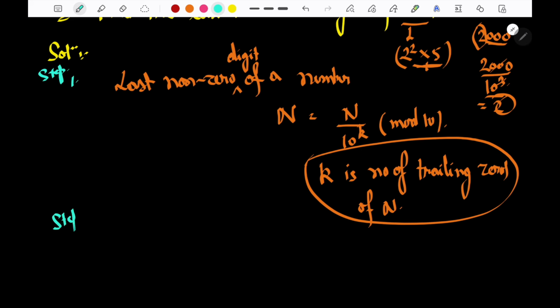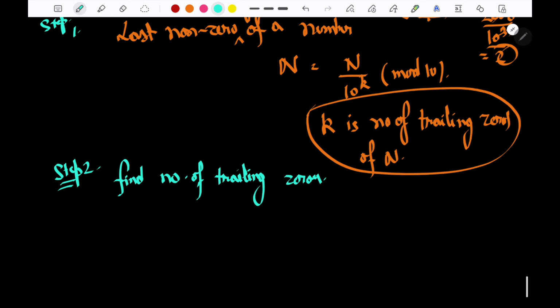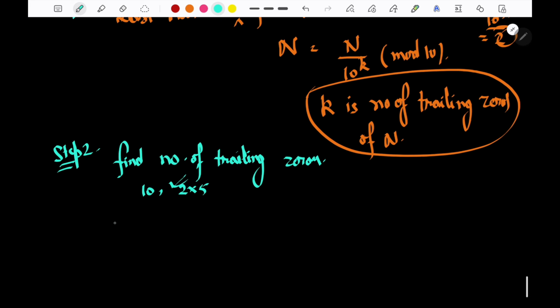So step 2, what does step 2 imply? Find the number of trailing zeros. How do we find this? We have to find the power of 10, that is 2 into 5. Now, the exponent of 5 in 20 factorial. I am not finding the exponent of 2. Can you tell me why? See, we need 2 into 5.